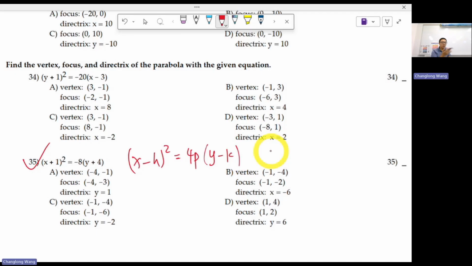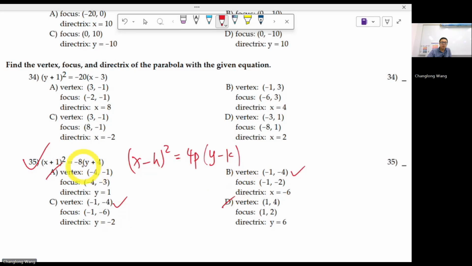It's -1, -4, right? That means you should eliminate A and D. So the vertex seems fine for B and C.